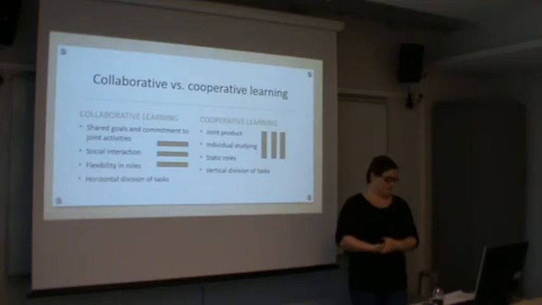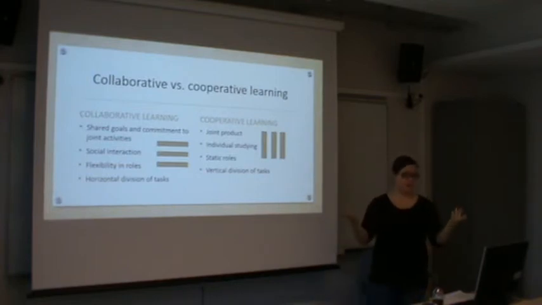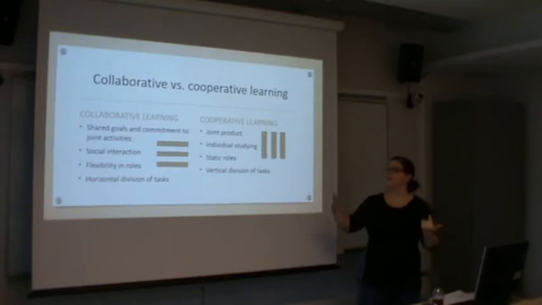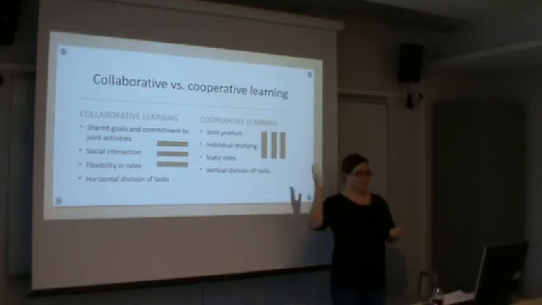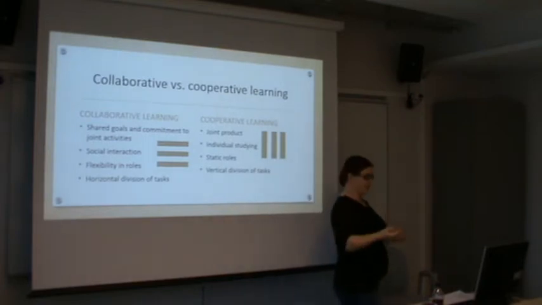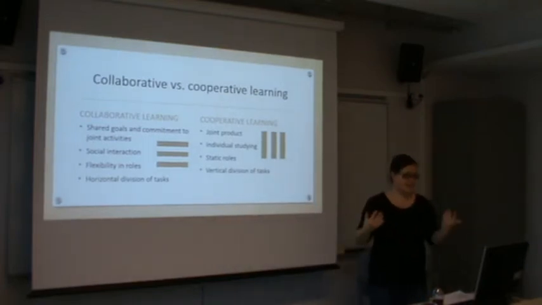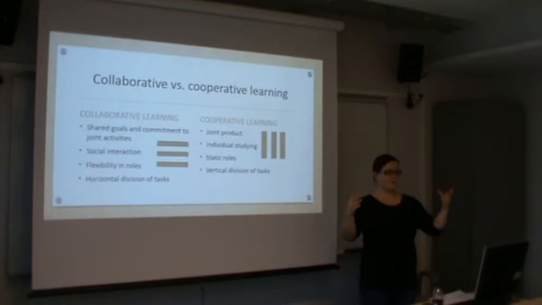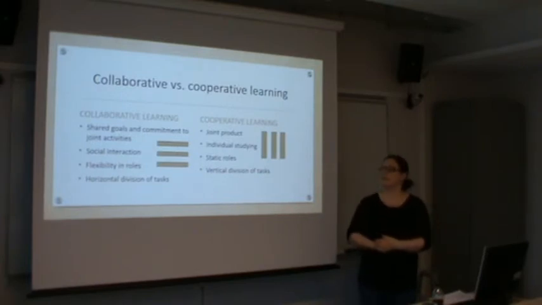In that sense, if you think about, for example, the jigsaw method that we used, there are cooperative parts. We are dividing the reading materials for all of you to study individually. But there is also time for collaborative learning, or if we are succeeding, it's really collaborative learning, when you are, for example, catching up with your expert team and discussing how you have understood the concepts and the contents of the article.